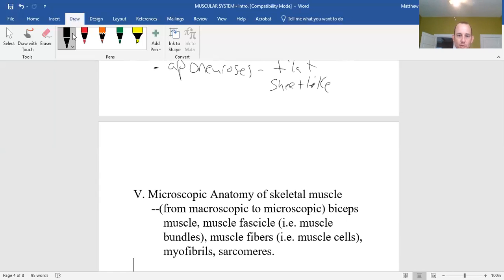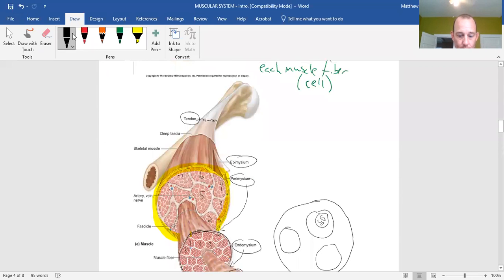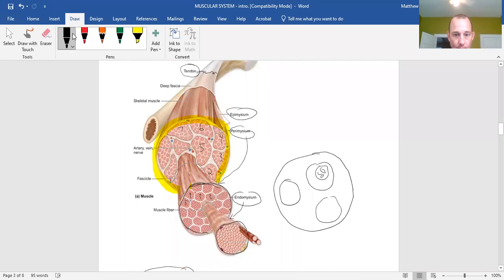And your biceps muscle is a collection of muscle fascicles or muscle bundles. And each muscle fascicle or muscle bundle is a collection of muscle fibers. Remember, the muscle fiber is the same thing. A muscle fiber is a single muscle cell. And then remember, I said your muscle cells were made of little circles. All of those little circles you saw back here. All right, so this is one muscle cell and it was made of circles.